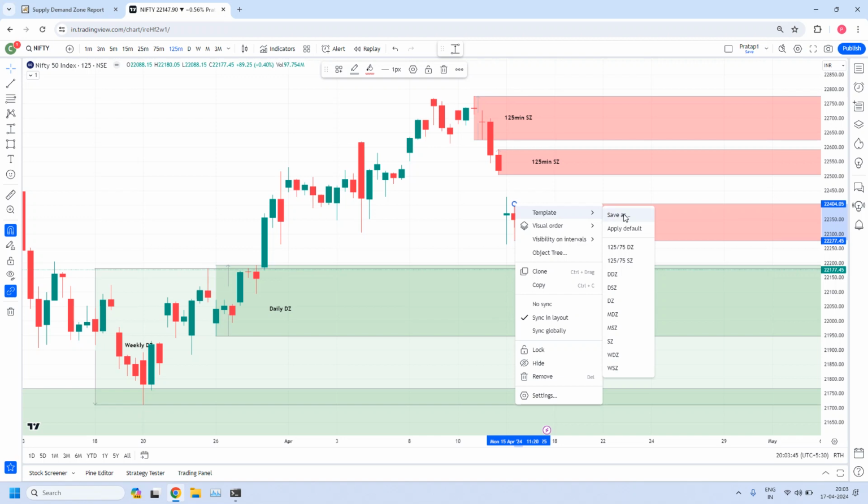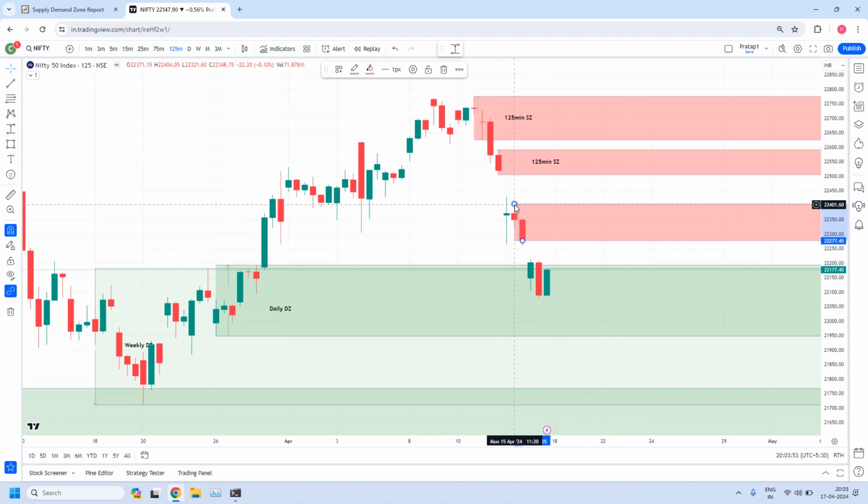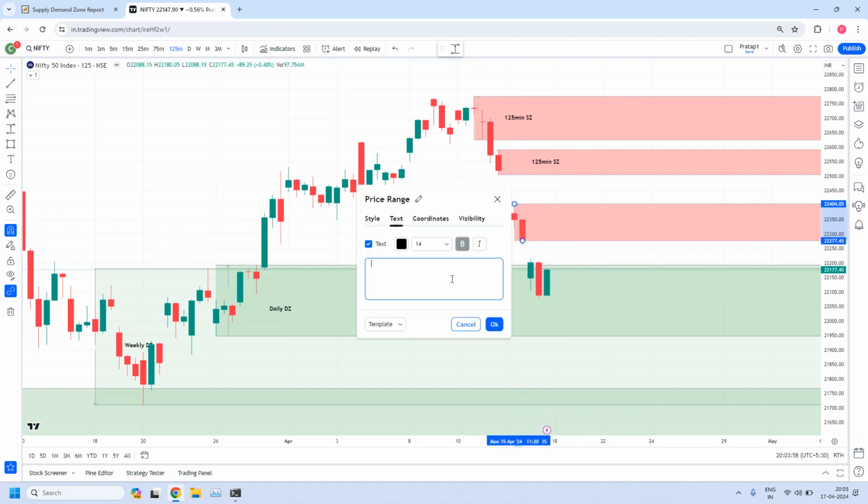This is a high liquidity zone. So the 125-minute high liquidity supply zone.